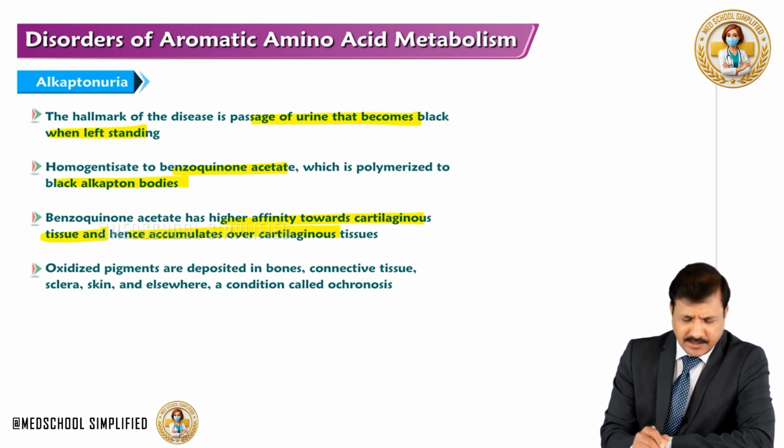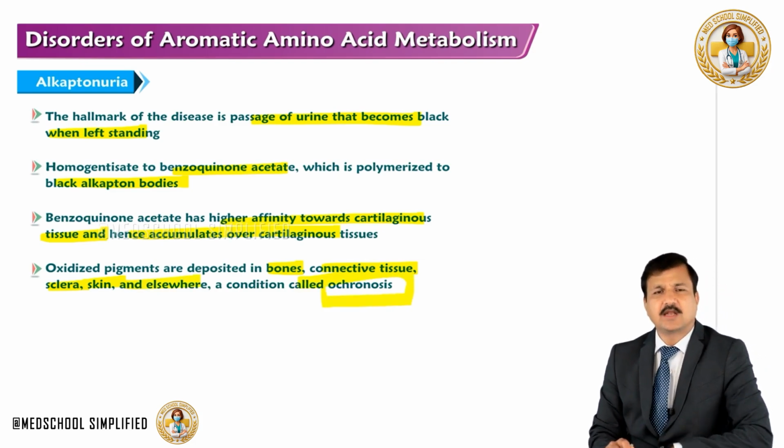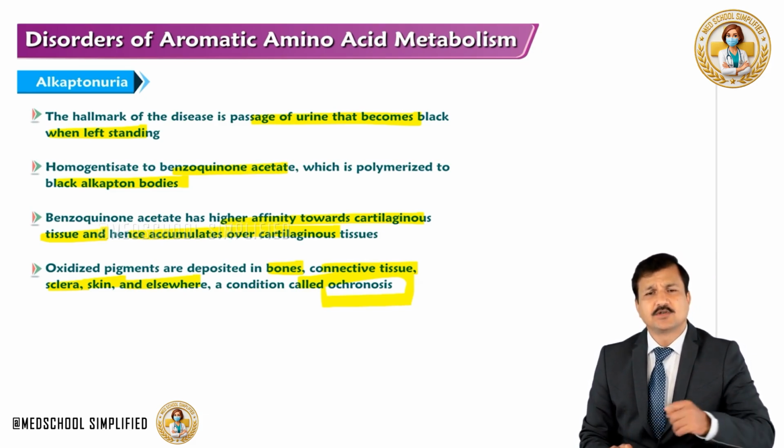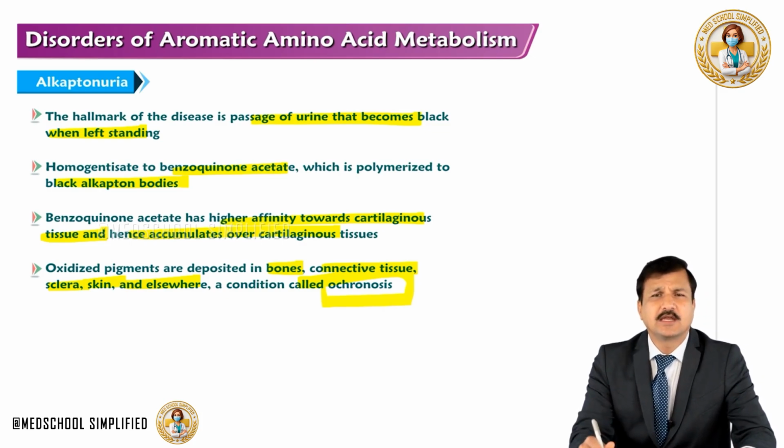The oxidized pigments are deposited in the bones, connective tissue, sclera, skin, and other body parts, and this feature seen in Alkaptonuria is called ochronosis. So Alkaptonuria is an inherited cause of ochronosis.